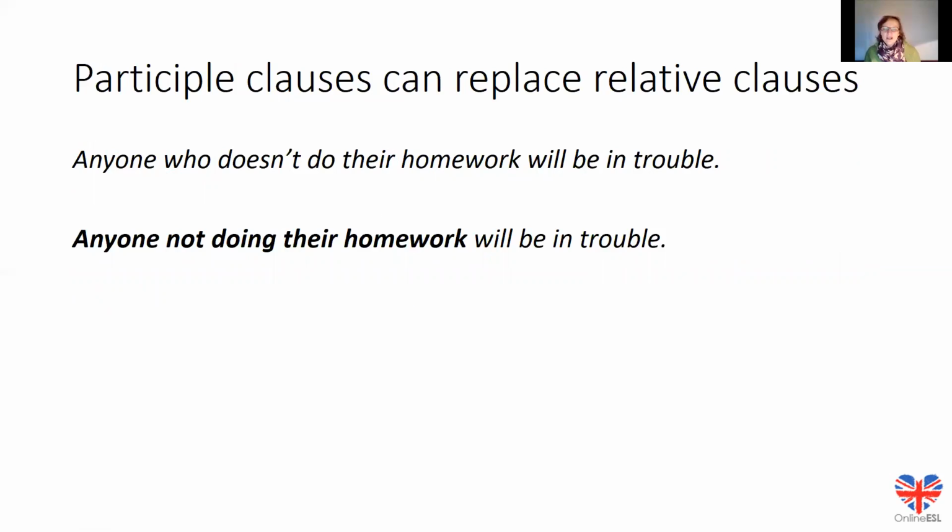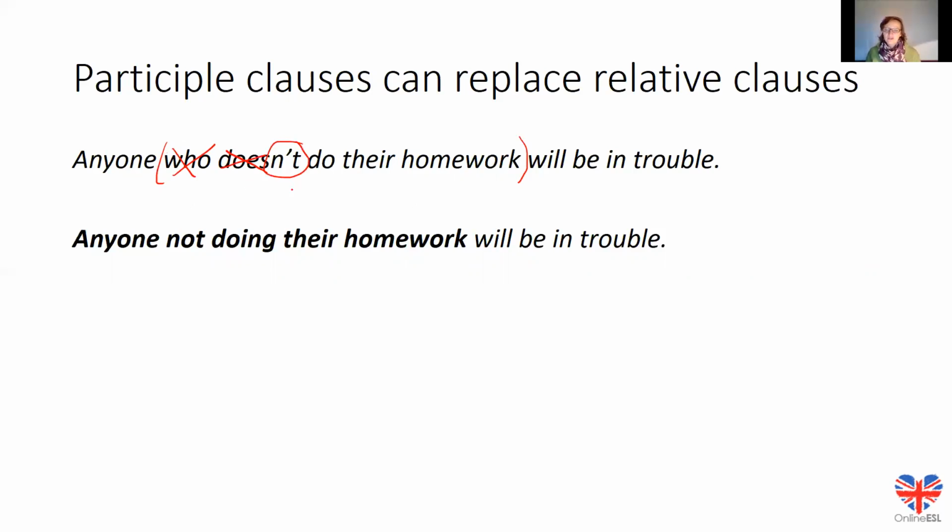So we can use them to replace relative clauses. For example, "Anyone who doesn't do their homework will be in trouble." So this bit is your relative clause. When we use it to replace the relative clause, the same as with the expression of time, condition, result, you drop the subject, which in this case is a relative pronoun, and you drop any auxiliary verbs.